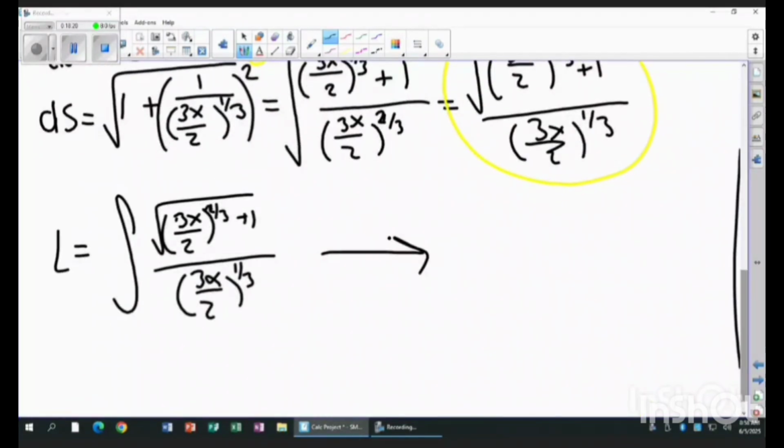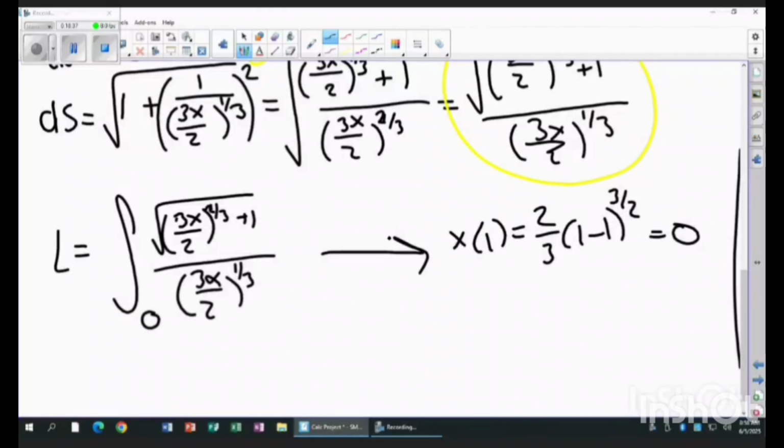So we're going to have x of 1, that's our first one, into the original equation. Our first limit of integration will be 0. Our second one will be 4, because this other interval as it now is 4.